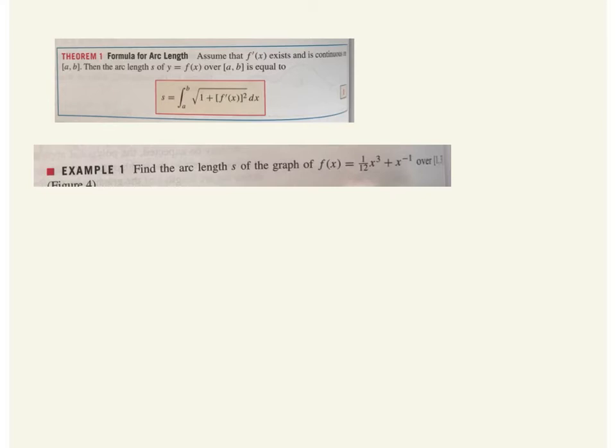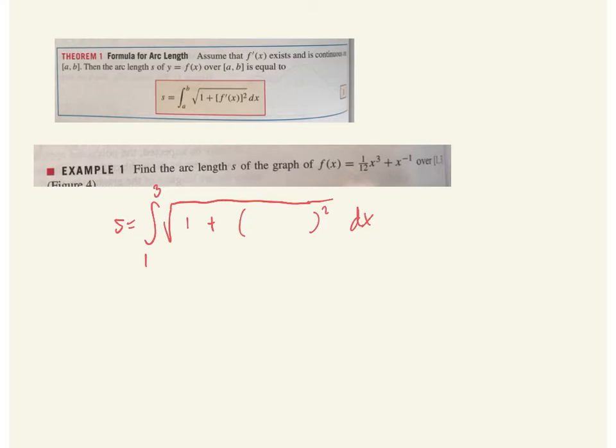So in this case, we have s equal to the integral from 1 to 3 of the square root of 1 plus f prime squared dx. So simple side work is just going to be: what is f prime?